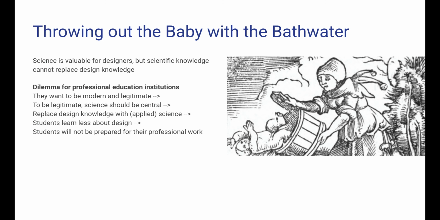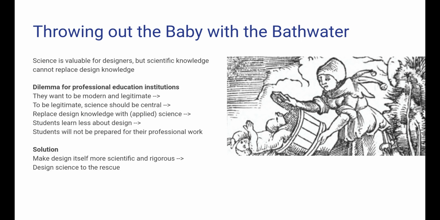And this in turn means that students will learn less about design, and thereby they will not be so well prepared for their professional work. So this trend of putting more and more science into design education, into professional education, maybe that means that the baby will be thrown out together with the bathwater.